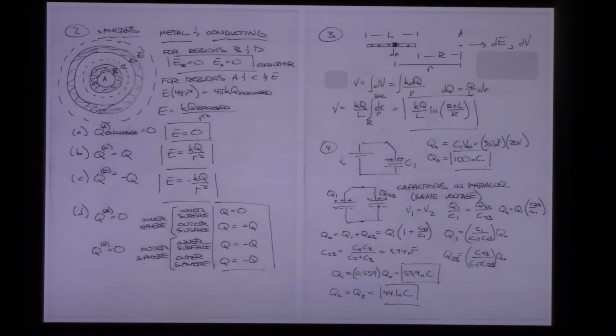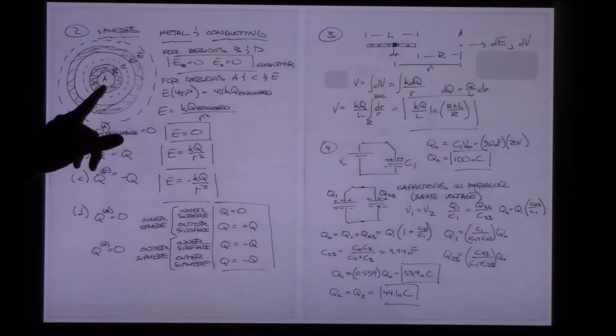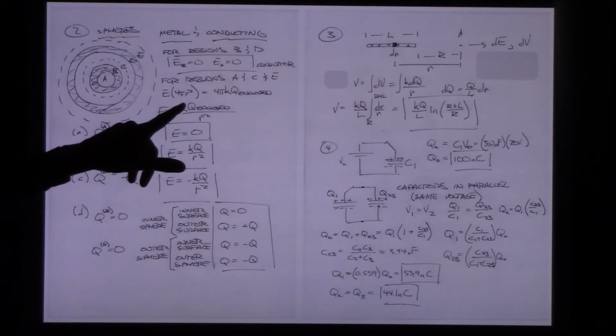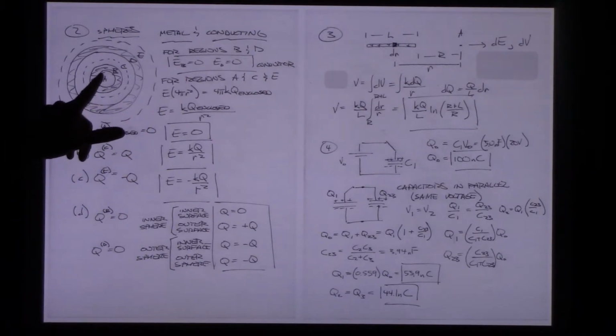Because the electric field drops off exactly like 1 over r squared, and because surface areas increase exactly like r squared, those two effects lead to Gauss's law, which tells us that the electric field is 0 everywhere within region A, not just at the very center, but at all locations, exact cancellation.